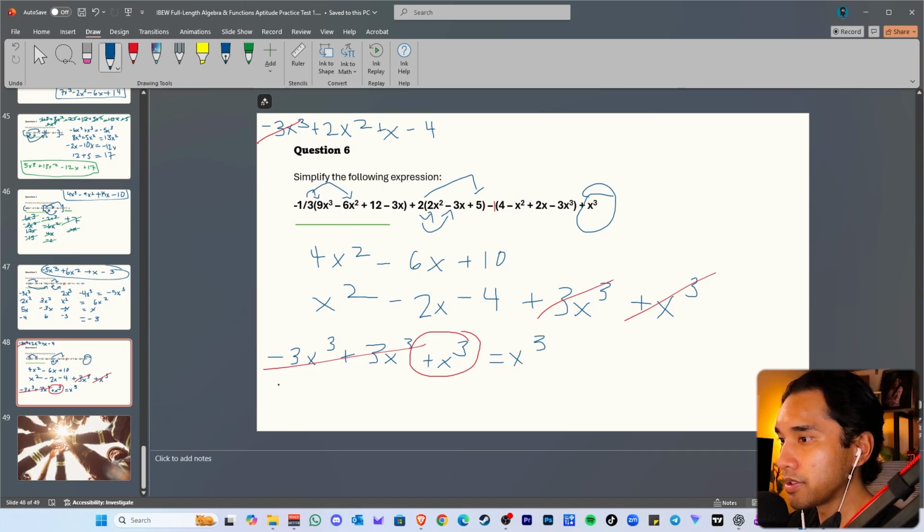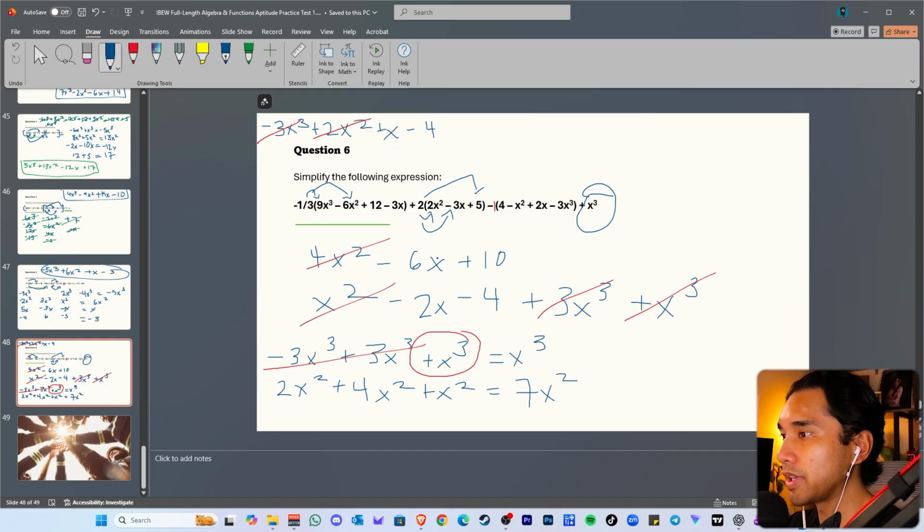Okay, next we deal with the twos, the squareds. So we have 2x squared plus 4x squared plus x squared equals, and we're just going to cross it out so we have a good visual. All right, what does that equal? 2x squared plus 4x squared equals 6x squared, plus x squared is 7x squared.